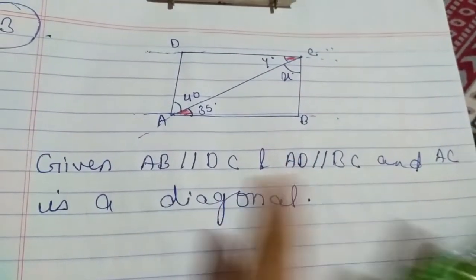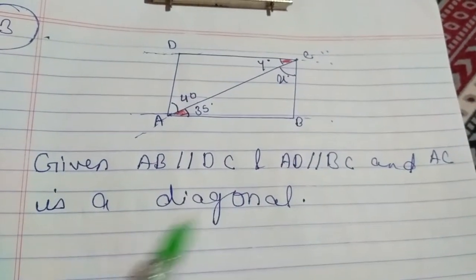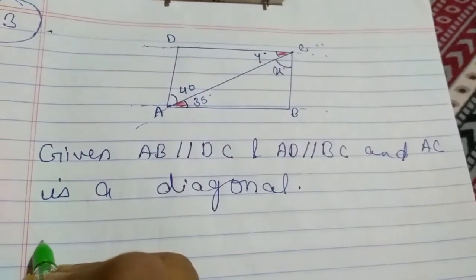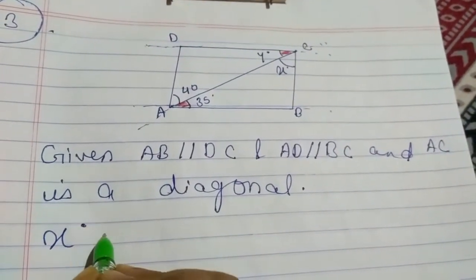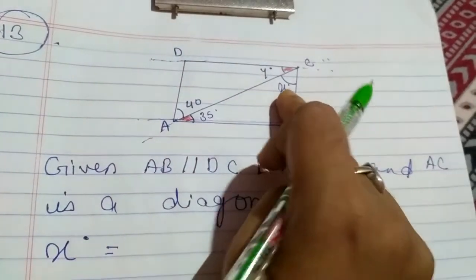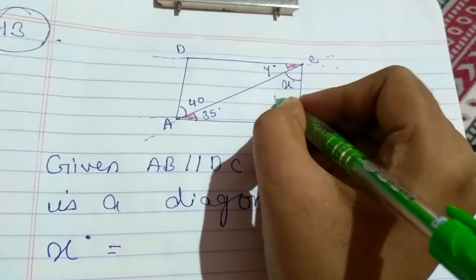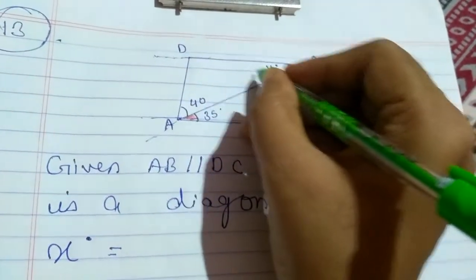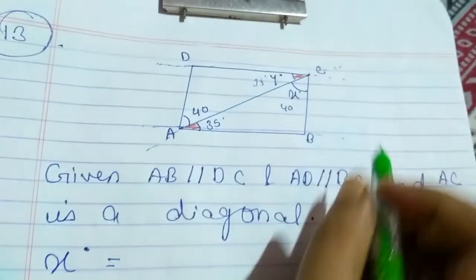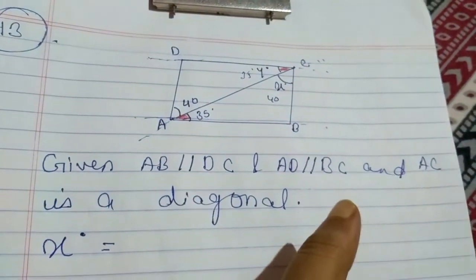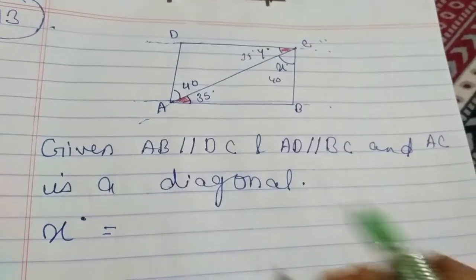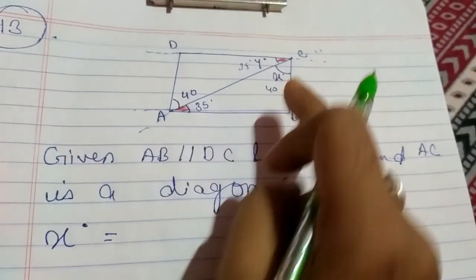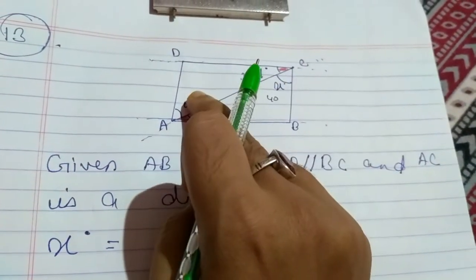Okay, this is all given. So now for x degree. I told you x degree is equal to this angle, that means this is 40 degree and this one is equal to this one, that means 35 degree. By which property? Alternate interior angles. Okay, or alternate angles. So x degree, so this one is equal to this one.